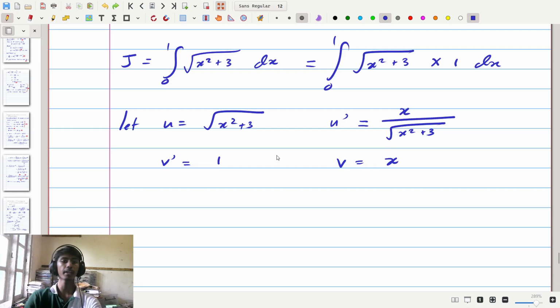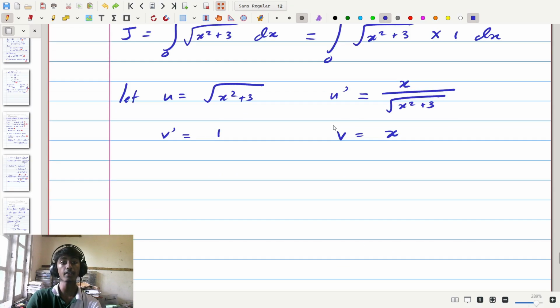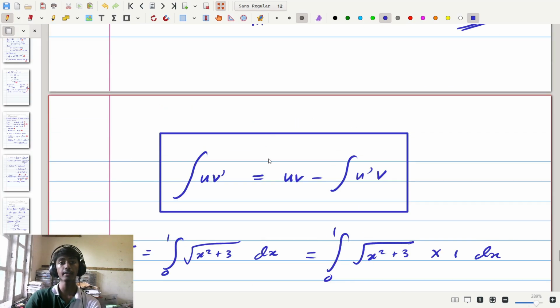Now given this, what I can do is use integration by parts here and substitute in u, v, u prime and v, and write that J, which is the integral from 0 up to 1 of the square root of x squared plus 3 times 1 dx, is equal to uv minus the integral of u prime v.